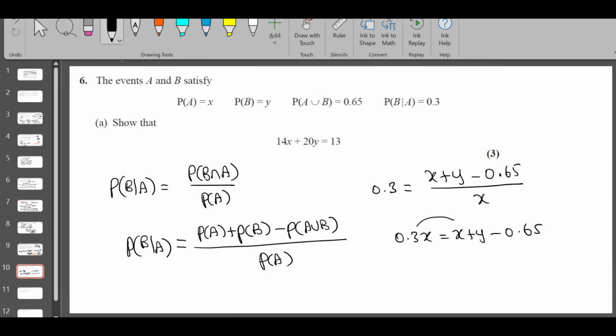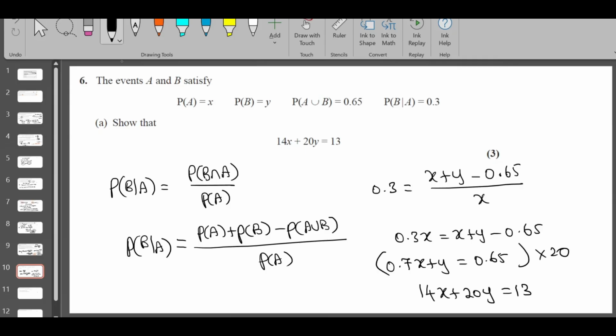I'm going to put this here and the number here. So 1 minus 0.3 will get 0.7x plus y is equal to 0.65. We need 20y instead of y, so we're going to multiply the whole equation by 20 and you get the answer already. 14x plus 20y is 13. That's all. Easy 3-mark question.